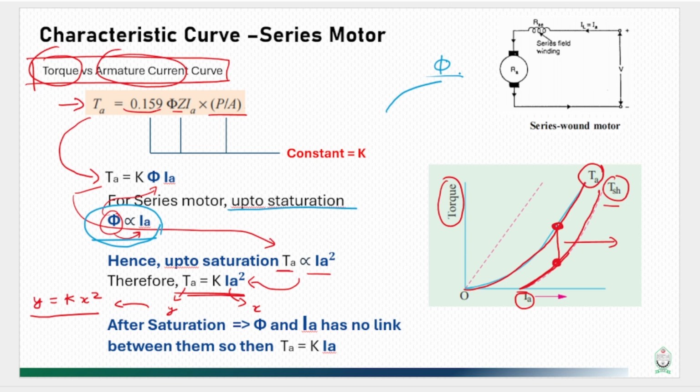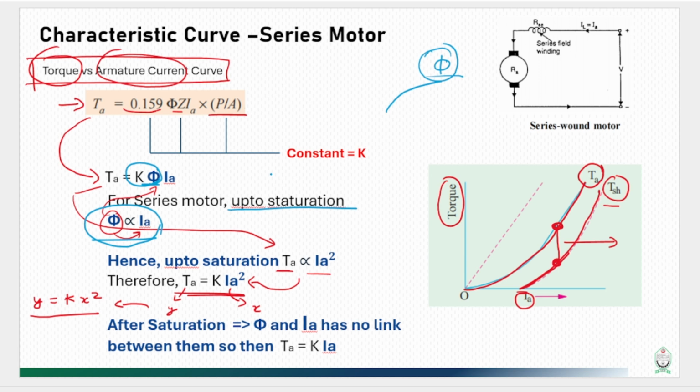So once the system has reached its saturation point, the flux does not have any effect in this equation. We can ignore this. We can say that after saturation, this also becomes a constant. So this goes into the constant value.